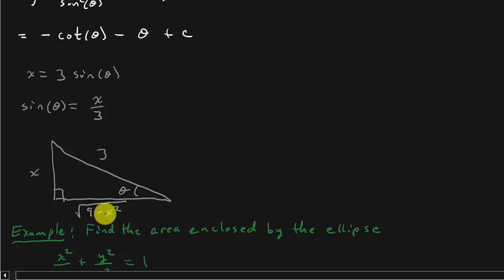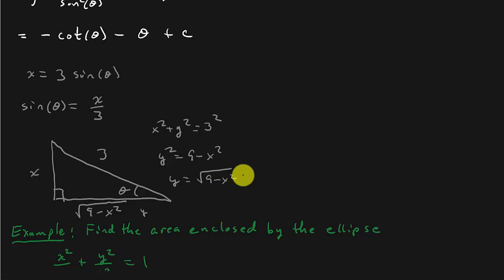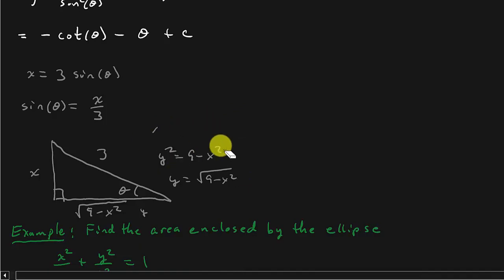Say we were looking for this side. We'll just call this side y. So I know x squared plus y squared is equal to 3 squared. And so that gives me y squared is equal to 9 minus x squared. So y is equal to the square root of 9 minus x squared. So that's where that 9 minus x squared came from.